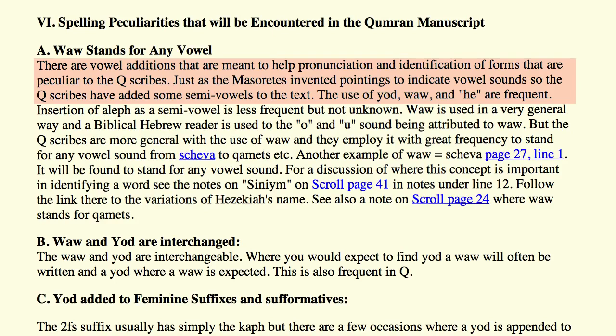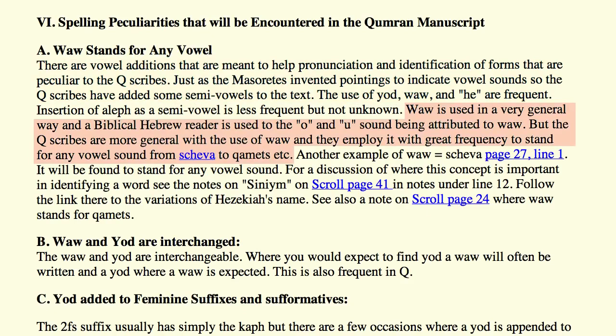It says, just as the Masoretes invented pointings to indicate vowel sounds, so the Q scribes have added some semi-vowels to the text. The use of yod, wa, and hey are frequent.